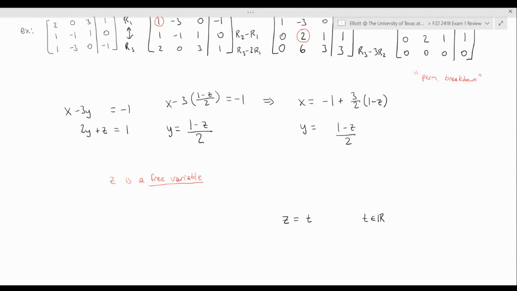And then if z is equal to t, I can substitute that into these 2 equations. So that's going to give us y is 1 minus t over 2. And likewise, if we plug in t for z, you're going to get x is negative 1 plus 3/2 times 1 minus t.